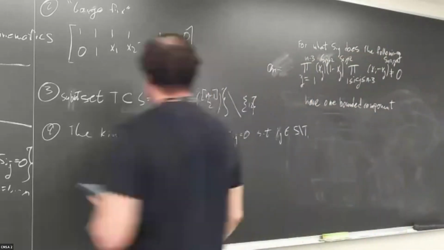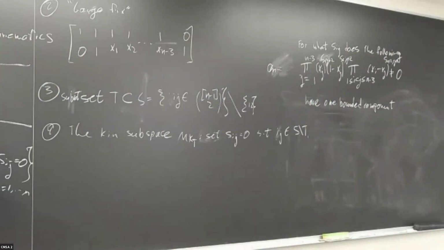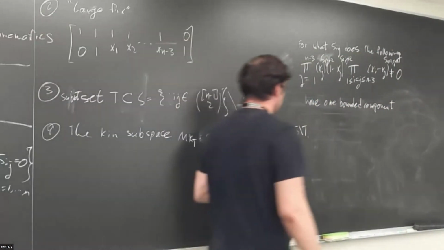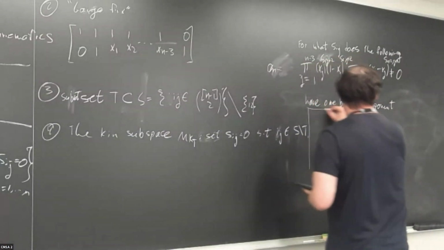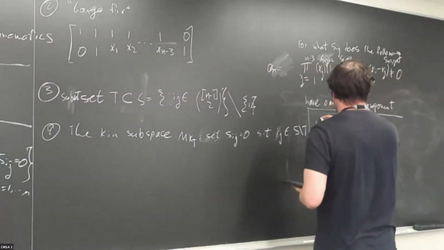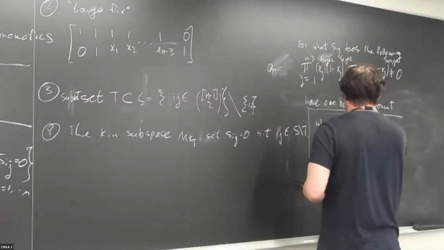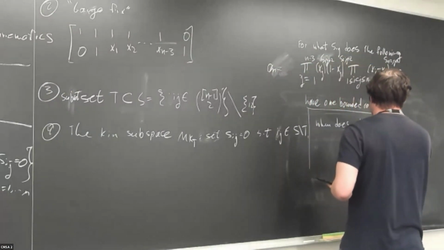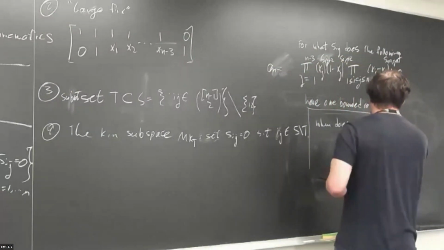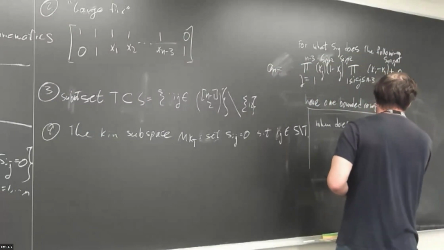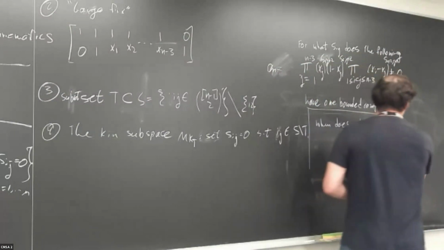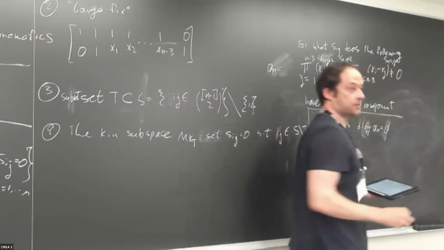So we're just building a multivalued function from the minors in the kinematic space. A related question is, when does d, the logarithmic derivative, d phi n equals 0, have a unique solution?